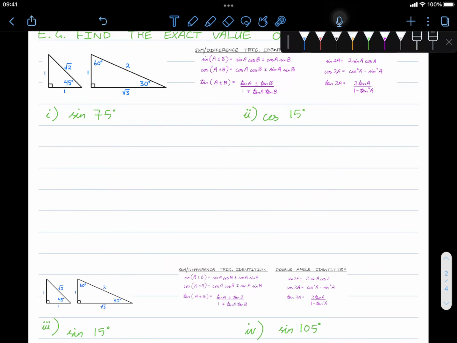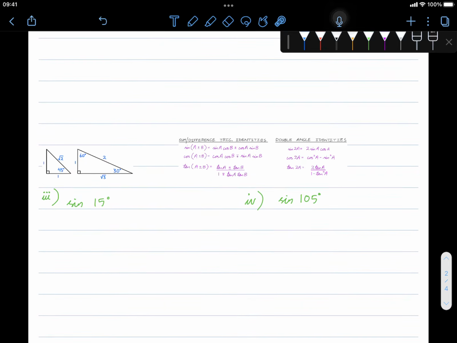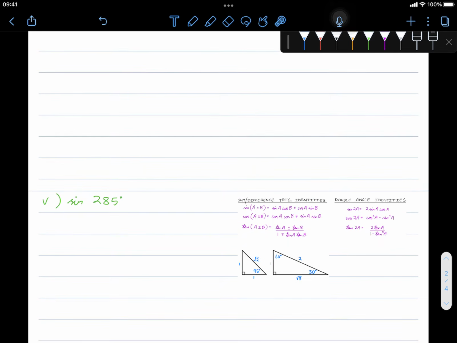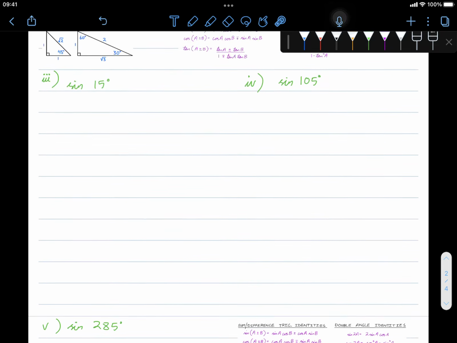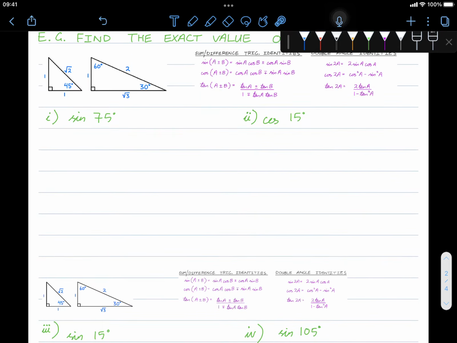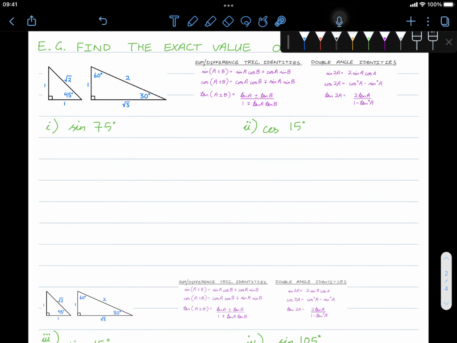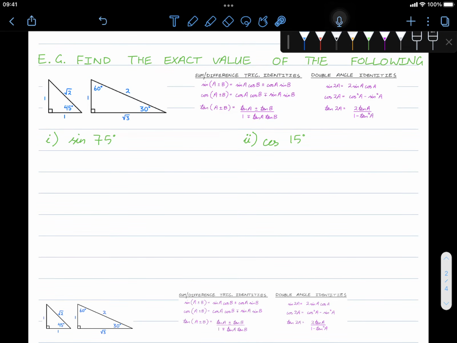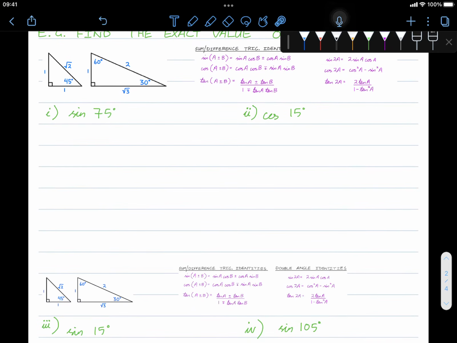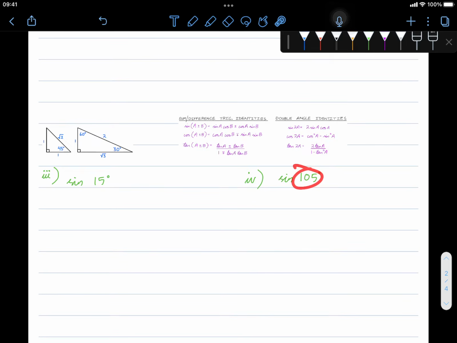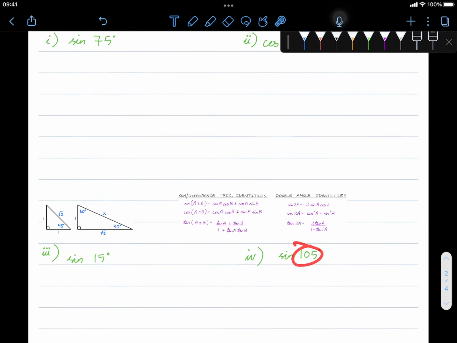Here we have 5 examples, 1, 2, 3, 4, and 5. As you can see, I've made plenty of copies of the exact ratios and the trig identities, so we're not scrolling up and down. As you can see, we don't have exact ratios for 75, 15, 105, or 285.